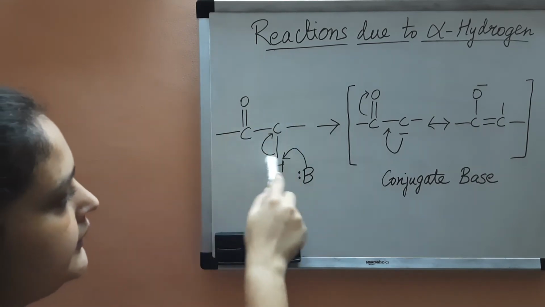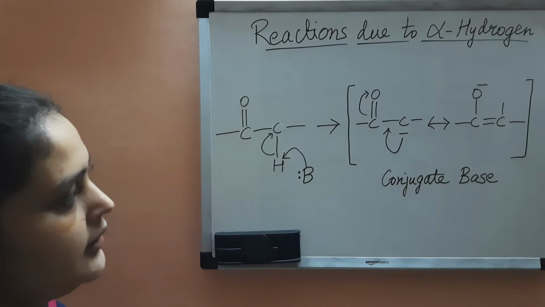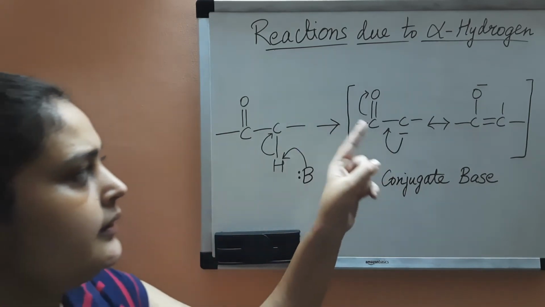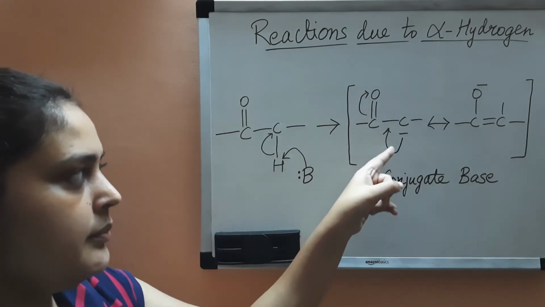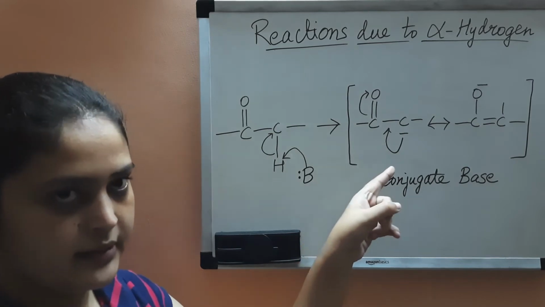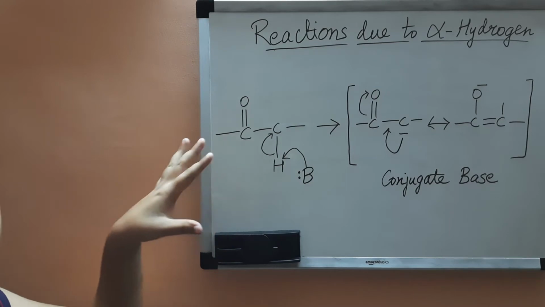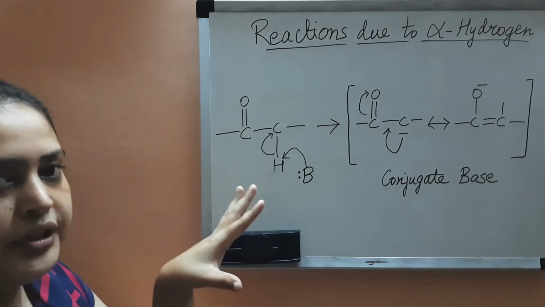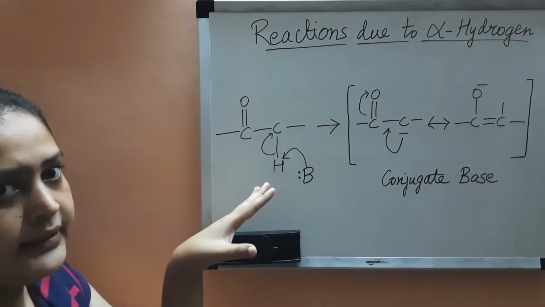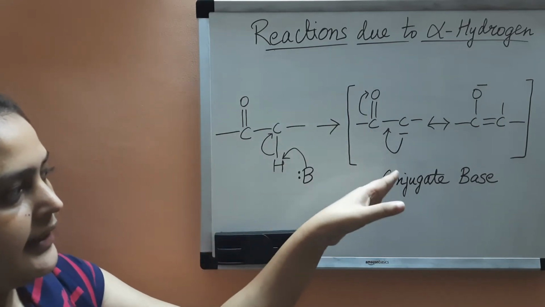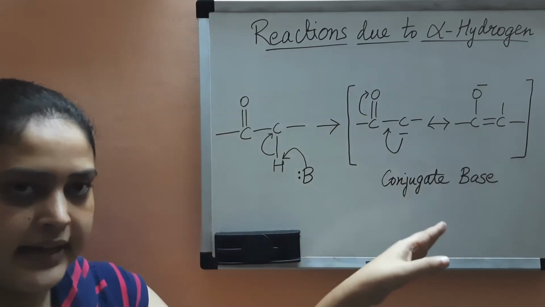Hence, there will be formation of this carbanion, which is known as the conjugate base, because it is formed from the acid. The aldehyde or ketone is acting as an acid here, and we get the conjugate base from that acid.